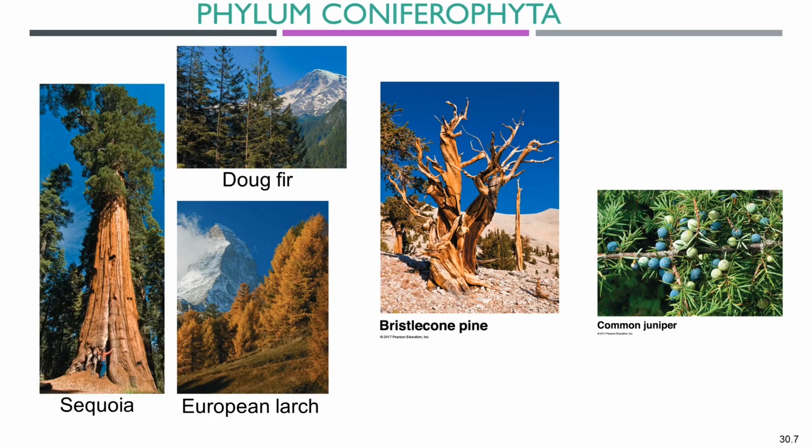Okay, Doug firs, and this one is highlighted because the Doug fir is going to be our main source of lumber here in the United States. This one right here, your European larch. These ones, this is the Matterhorn in Europe. This is not Disneyland, but the real Matterhorn mountain, okay? And you can see everything looks like it's going through fall color change.